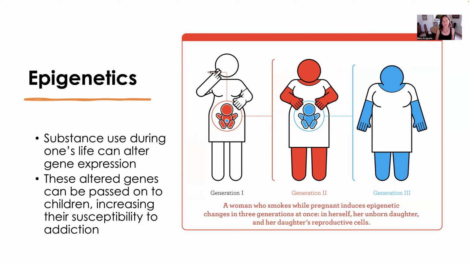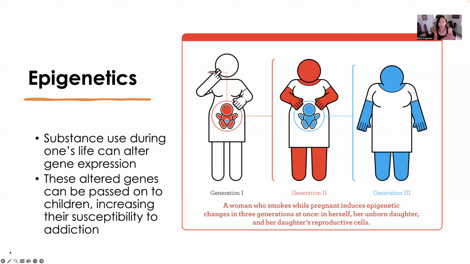Now, get this. These altered genes may affect me, and they may cause me to seek out that substance more, okay? But another issue is that I can pass on those changes, those altered genes, to my offspring. So here you see in this diagram, the susceptibility to addiction being passed on. So this woman is smoking while she's pregnant.